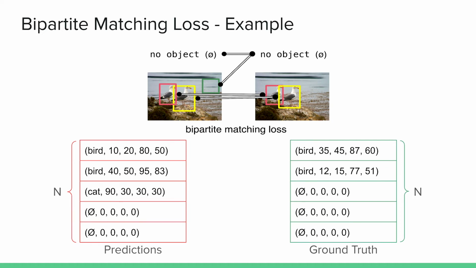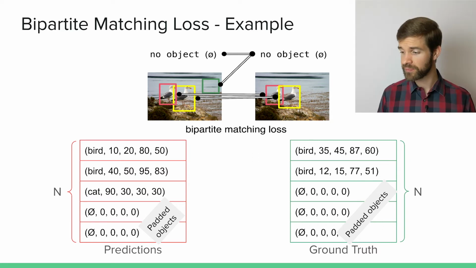What we have now is our set of predictions and our set of ground truth boxes with our class labels. The first thing we see is that we have a fixed set of maximum predictions that we're allowed to produce. If there are no more elements in our input, then we just pad those objects to always have a fixed length set here.